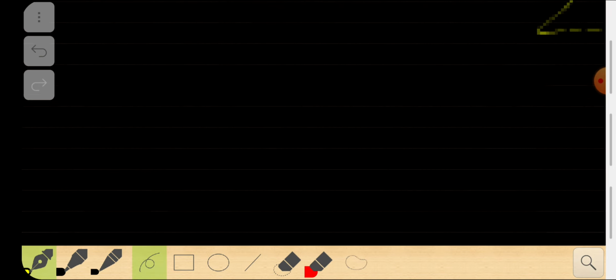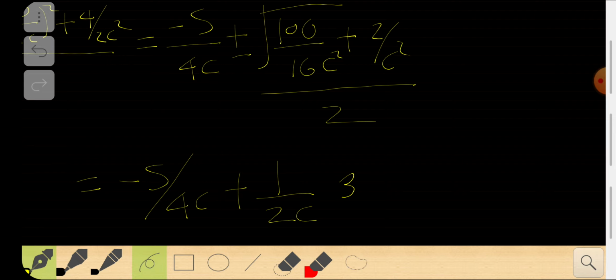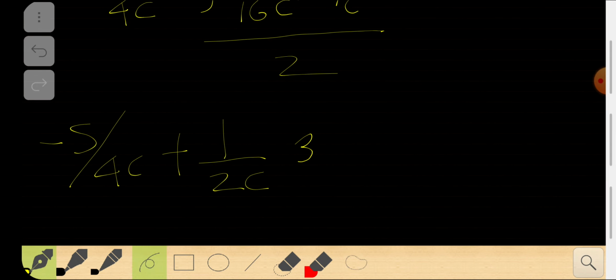Now you can simplify that. t square will be equal to minus 5 by 4c plus or minus 1 by 2c, and the square root of 100 by 16 plus 2, that's around 9, I guess, so the square root of that will be around 3. Approximately.